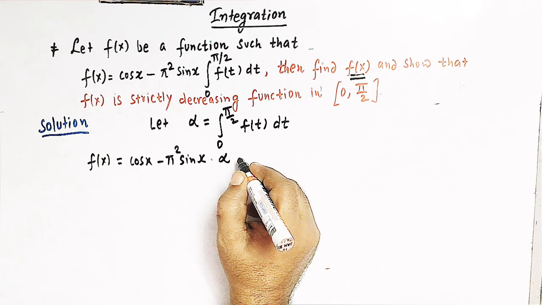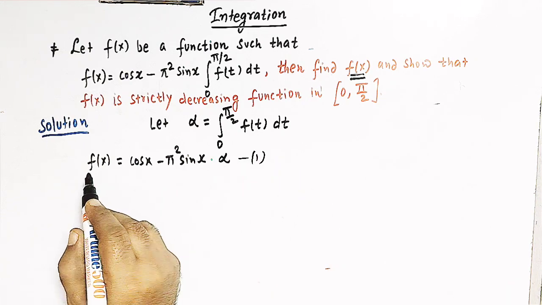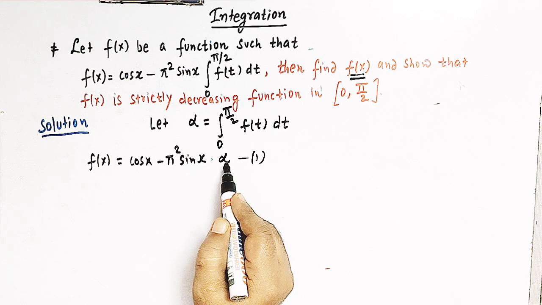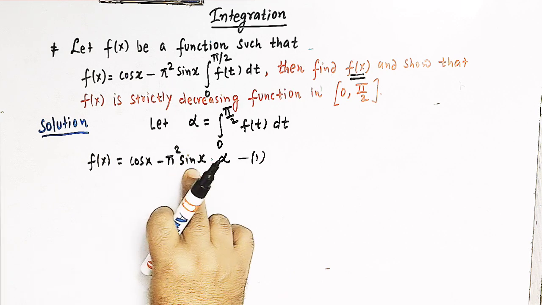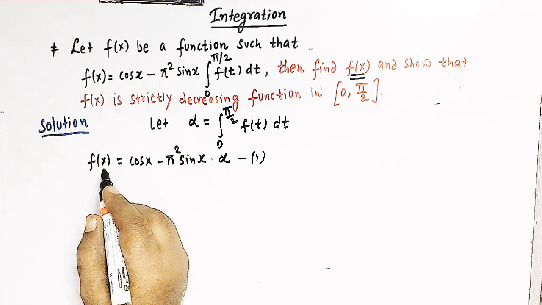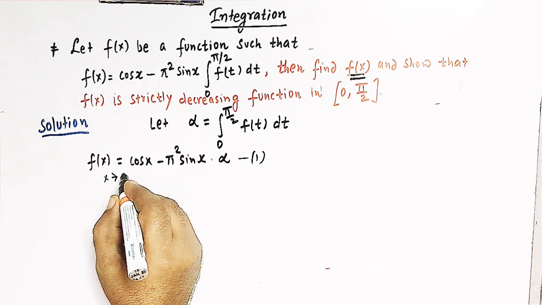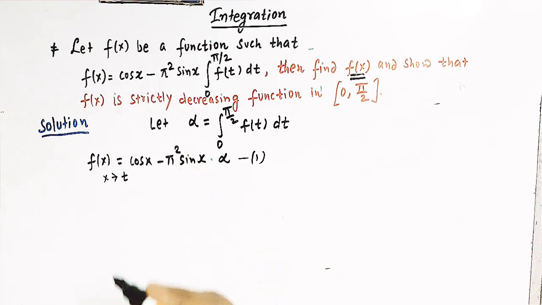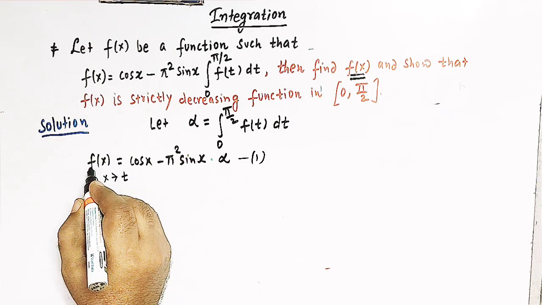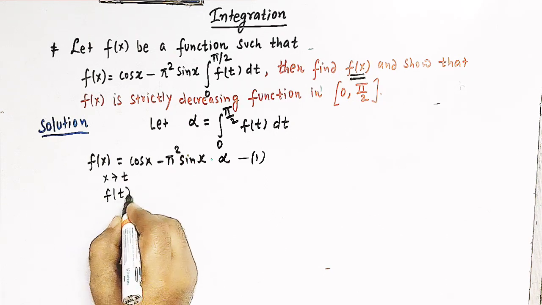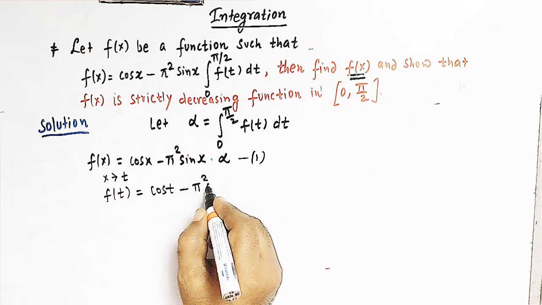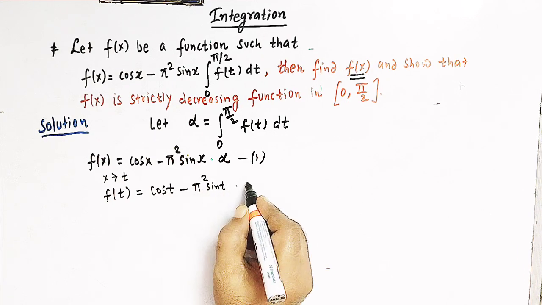Now let us observe this equation. Now this equation is f of x is equal to cos x minus pi square sine x alpha, right? So this is a function of x, and here if we replace this x by t by using the concept of dummy variables, then we can easily get f of t is equal to cos of t minus pi square sine t alpha.